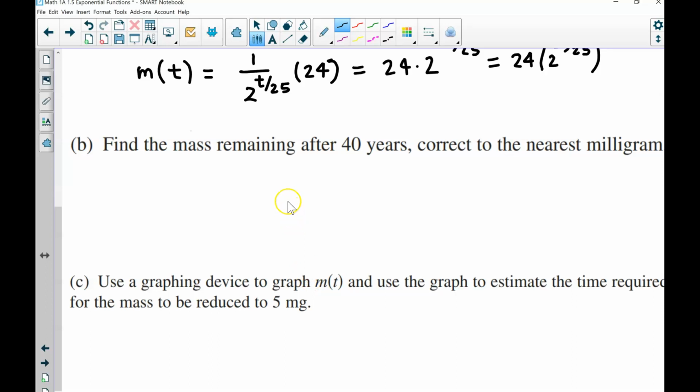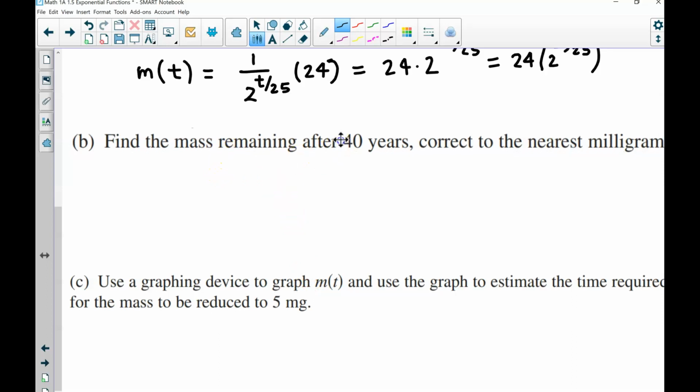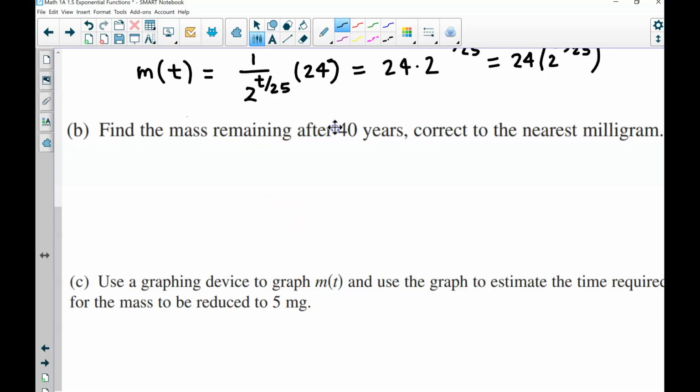Now, if we want to find the mass remaining after 40 years, correct to the nearest milligram, that means we're putting in the year now for 40. So t now is going to equal 40.